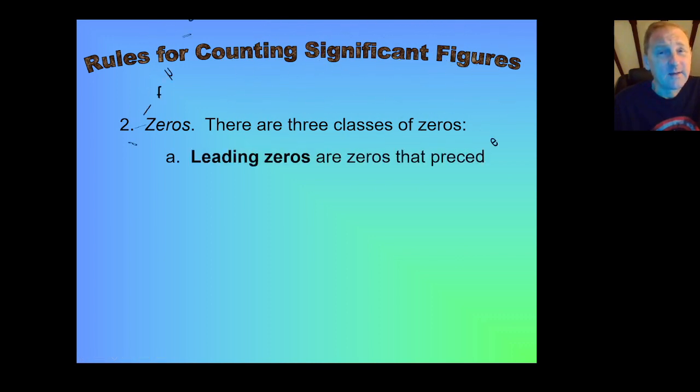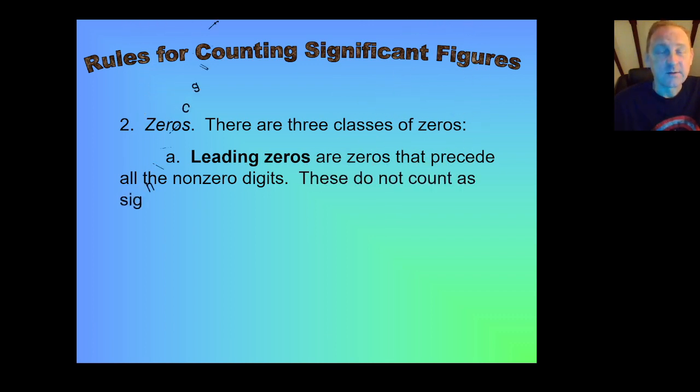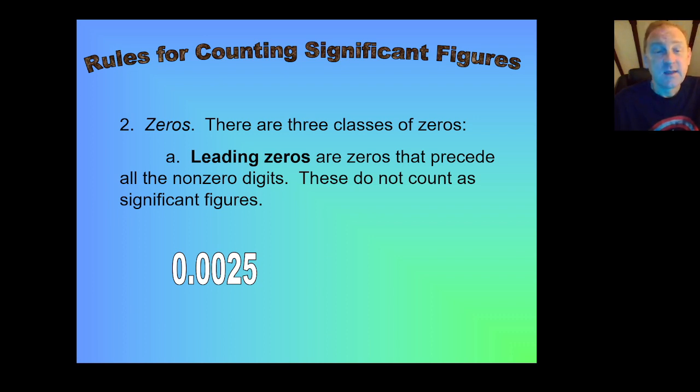Zeros, on the other hand, give us some problems. There are 3 types of zeros. The first type I want to talk about is a leading zero. Leading zeros precede the non-zero digits. They do not count as significant figures. They're only placeholders. So if you have leading zeros, this is when I start to have non-zeros. These zeros are in front.